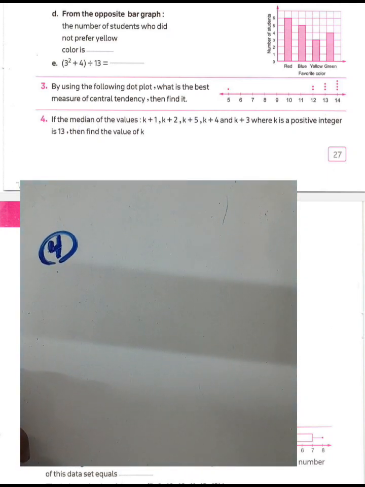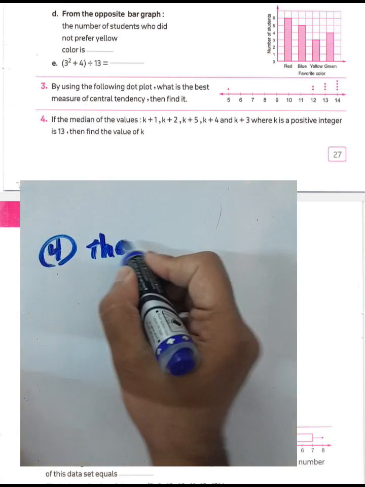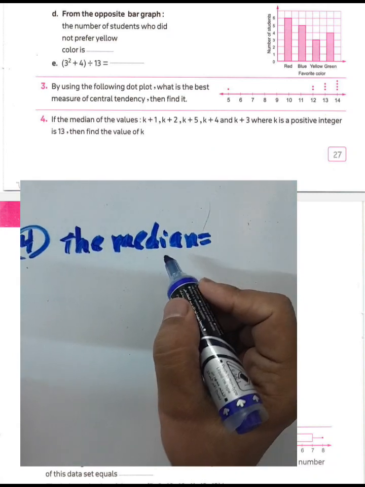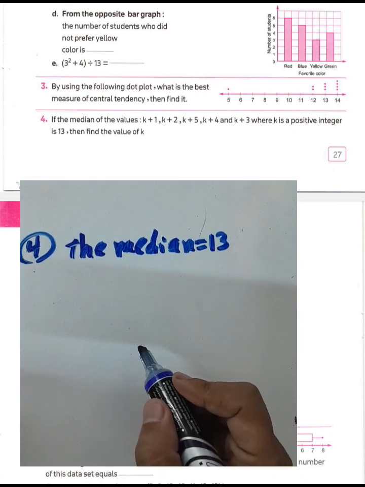Question number 4. If the median of the values k plus 1, k plus 2, k plus 5, k plus 4, k plus 3, where k is a positive integer, is 13, then find the value of k. He gives us in this example the median, which equals 13.